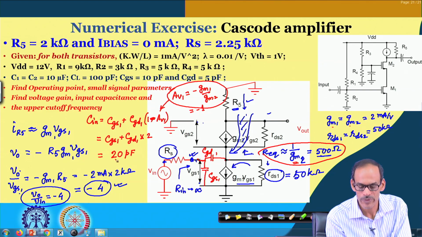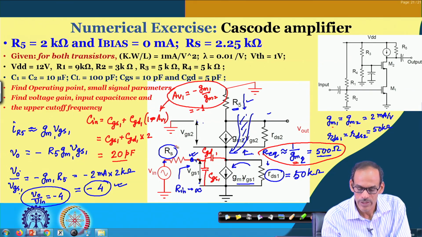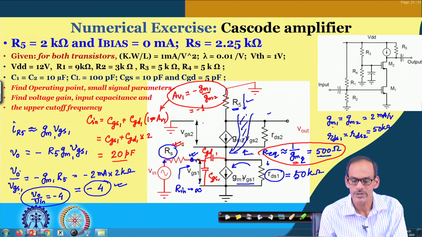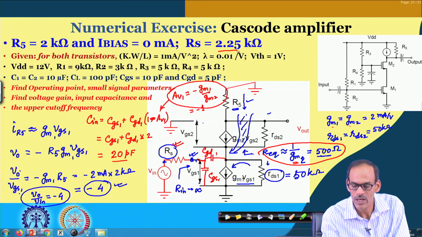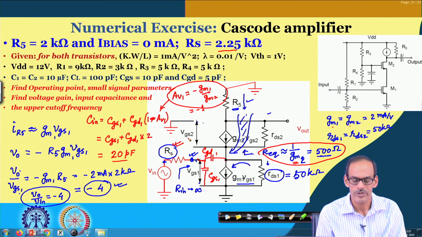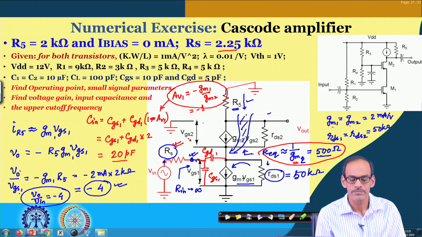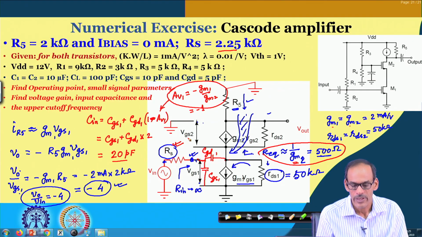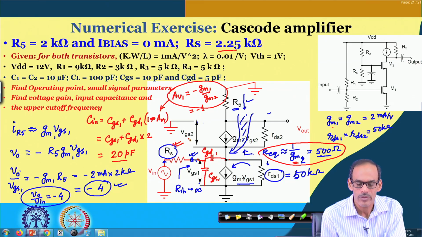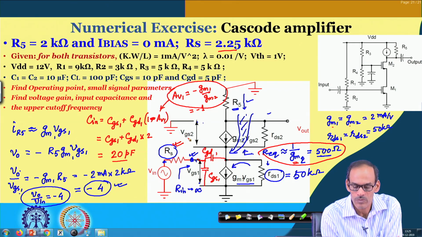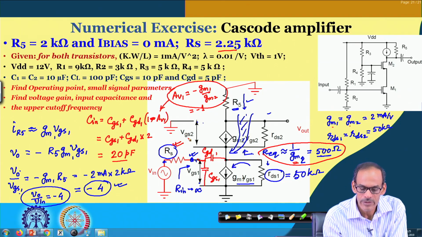Now, this 20 picofarad capacitance may create a pole with this Rs. So depending on the value of this Rs, it may have its corresponding pole location. Again the analysis will be similar, so we will not go into that discussion.